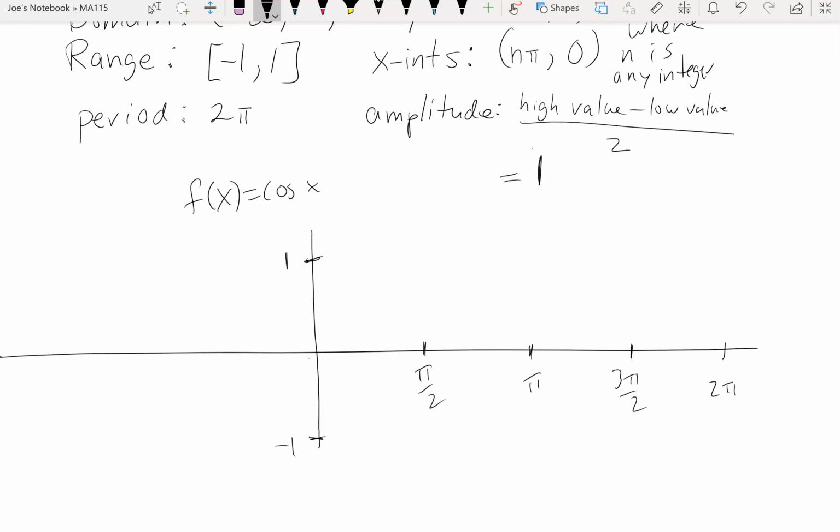We agree? So in particular, if I want cosine of pi over 2, what's the complement of pi over 2? Pi over 2 is the same thing as 90 degrees. What's the complement of 90 degrees? It'd be 0, right? Because I have to add up to 90. So if I want the cosine of pi over 2, I can look at the same thing as the sine of 0, which was what? 0, right? So I'd be down here. How about the complement of 0?